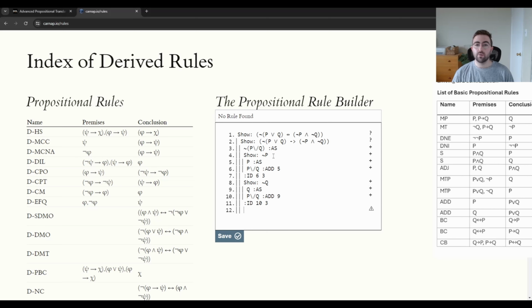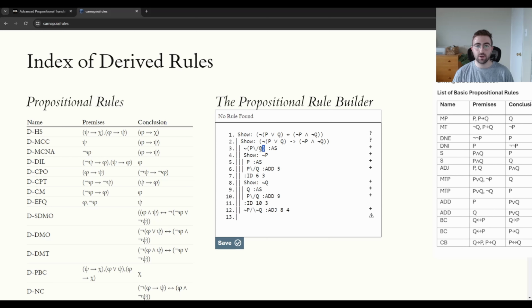At this point, now we know we have not P and we have not Q, so we can just add them together. And that's with our adjunctivization rule, or adjunctivation. I can't remember the exact phrasing of it. But it's the ADJ rule.